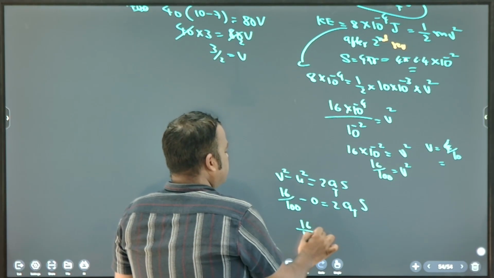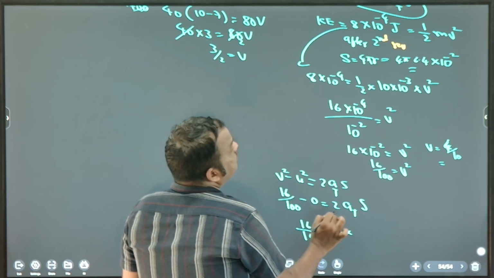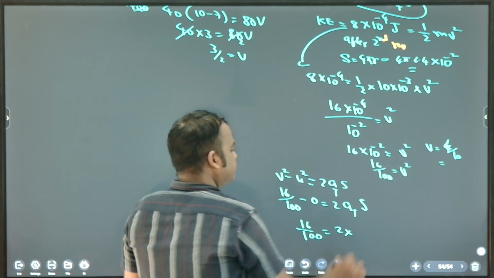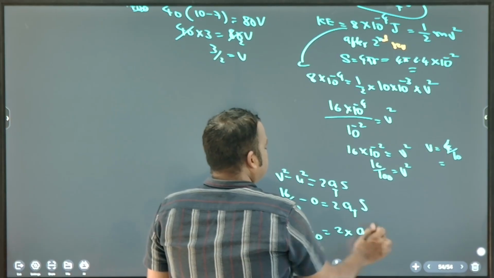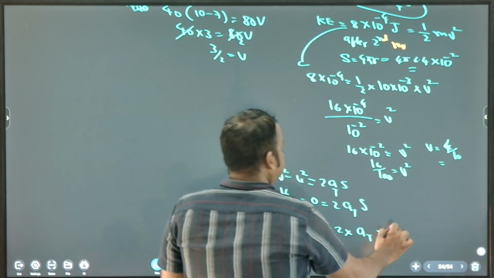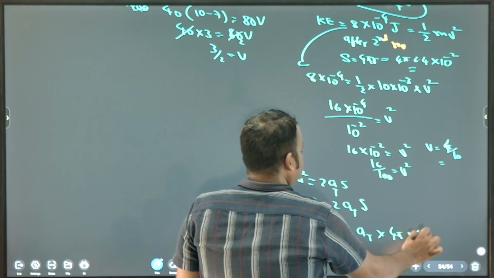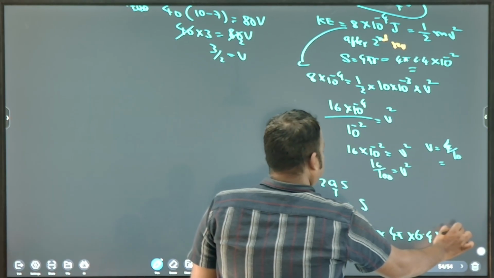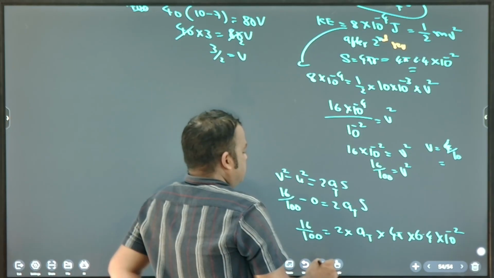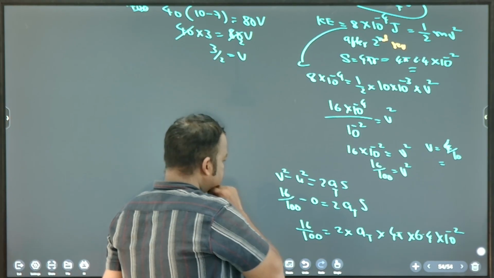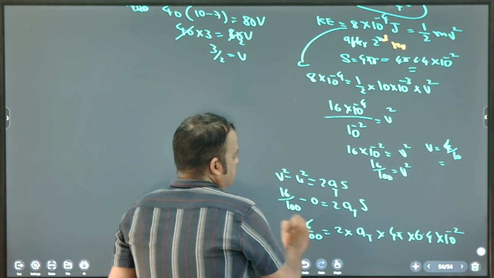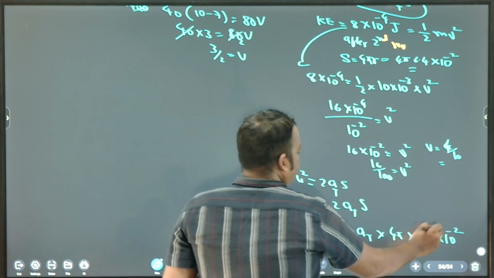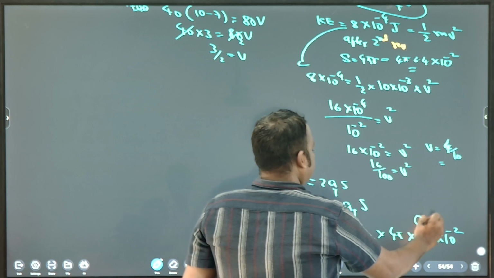6 by 100 is equal to 2 into 80 into s, which is 4 pi into 6.4 into 10 power minus 2. So this 16 and this 6.4, this will be 0.4 times.